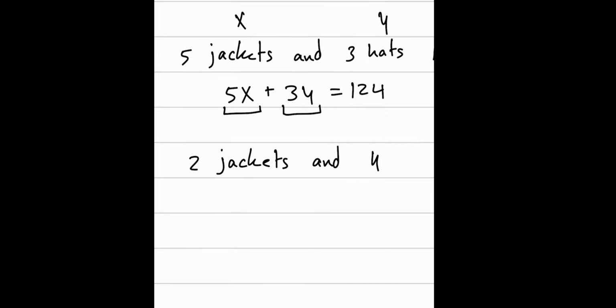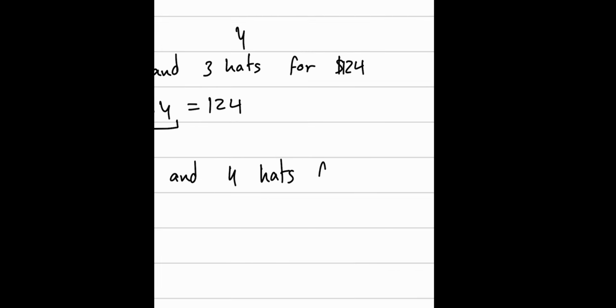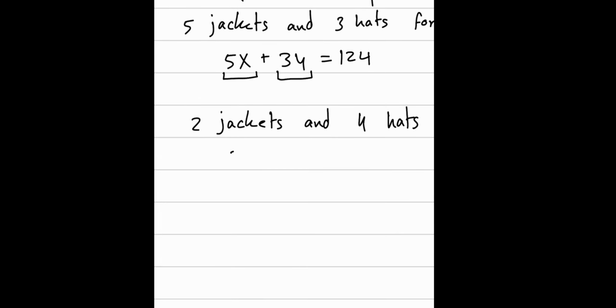We know that the price per jacket is x, so I'm going to do 2x, and the price per hat is y, so plus 4y equals the total amount of money that you spent, which is $98. So that's going to be our second equation. 2x plus 4y is equal to 98.